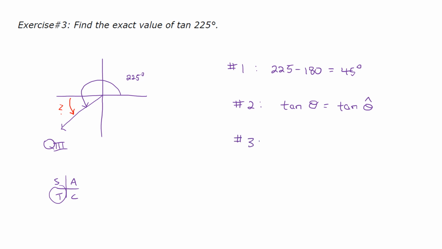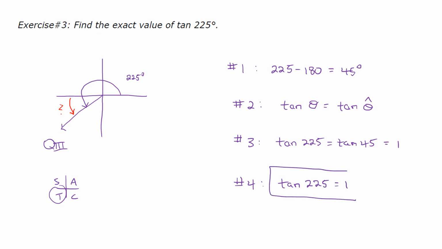Now we're going to evaluate our reference angle. So the tan of 225 is going to equal the tan of 45, which equals 1. So the tangent of 225 degrees equals 1. Awesome. And you can evaluate these tangents either using the unit circle, our angle table values, or your calculator.